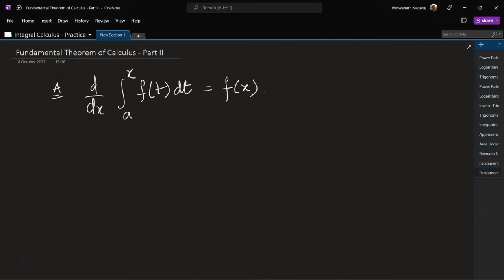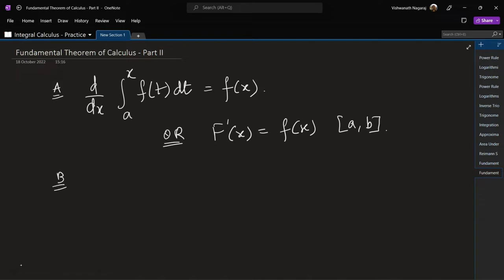Basically, this is the relation between differentiation and integration, or we can also write it as capital F prime of x. Capital F means integral, and this prime means that it is the differentiation of this integration is equal to f of x in the interval a to b.